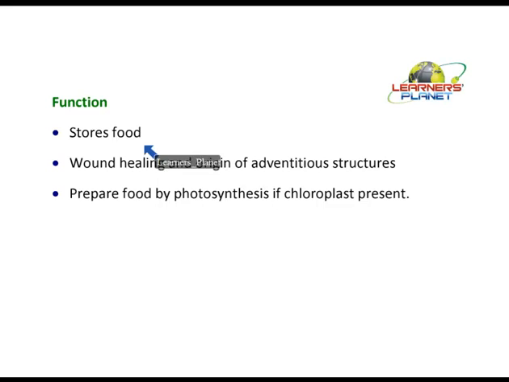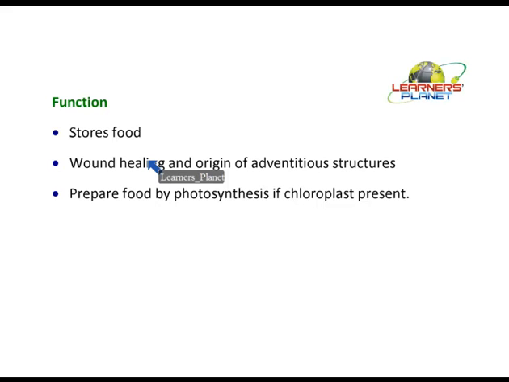Besides that, it is also helping in the storage of food material which is synthesized by the photosynthetic reaction. So what is synthesized by the photosynthetic reaction? Glucose. But do you really think that glucose is a storage form of food?